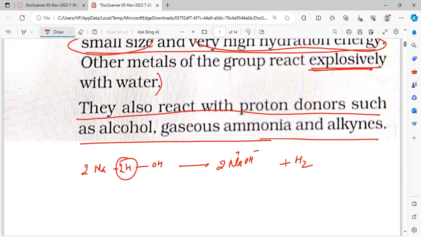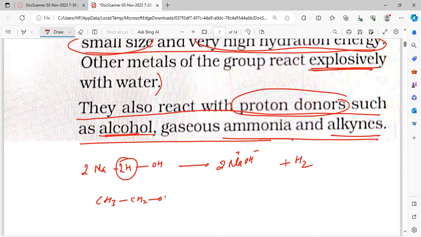They are saying they also react with proton donors such as alcohol, gaseous ammonia, and alkynes. Now, the words they are using in NCERT are very important. Hydrocarbon, you studied this reaction in 10th standard, if you remember. This is the alcohol.